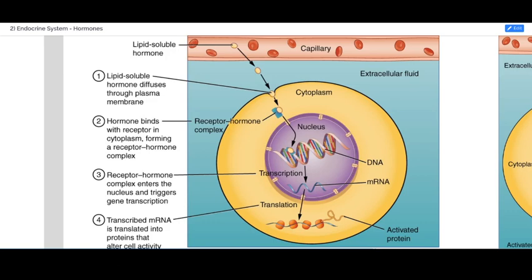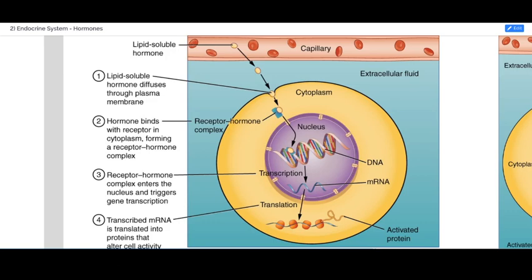But that's not a crucial part of this picture, just to understand that that would be true. The hormone, after it leaves the bloodstream, would move to the cell and actually cross the cell membrane easily, being a lipid. And it will react with or complex with the receptor in the cell itself.